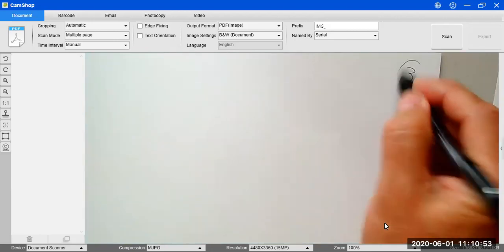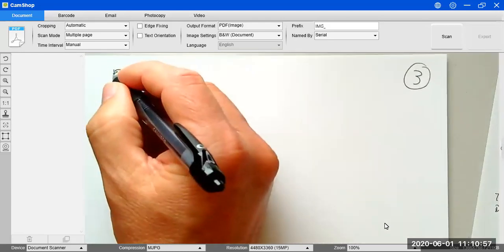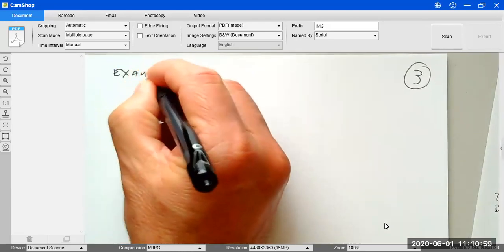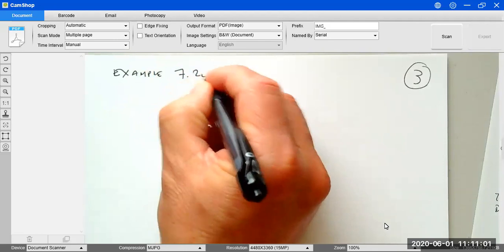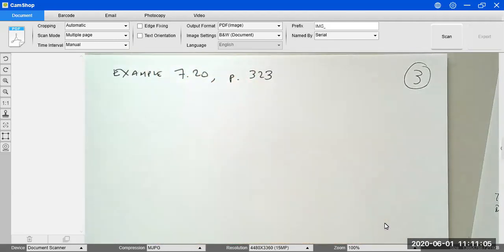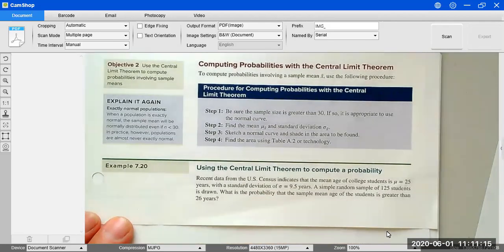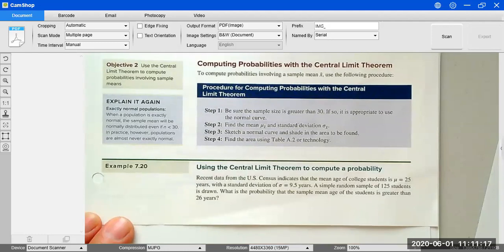So let's work on a problem. We're going to work on example 7.20 on page 323. Let's look at that problem now. We need to read carefully, because now every word is going to be very important.